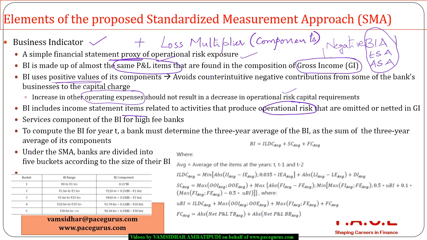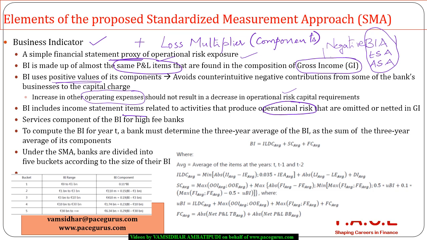Whereas in gross income, some of them were typically omitted, or because the negatives were also considered, there was a possibility of netting. Here only the positive values are considered, so there is no question of netting. So the BI is much more robust.